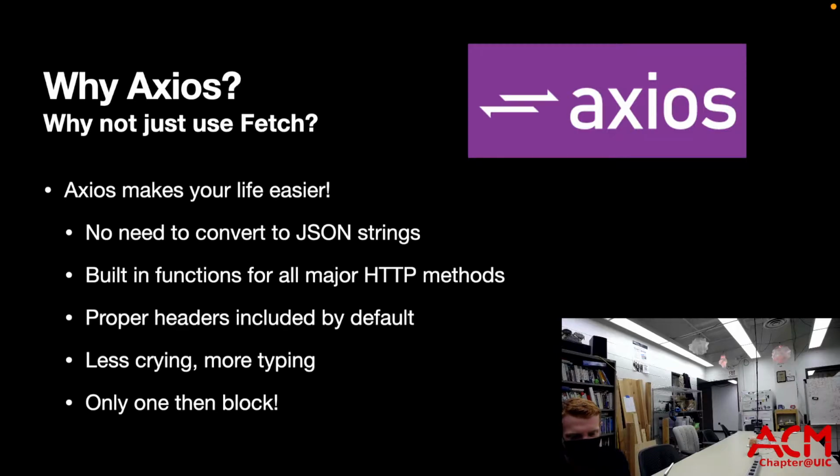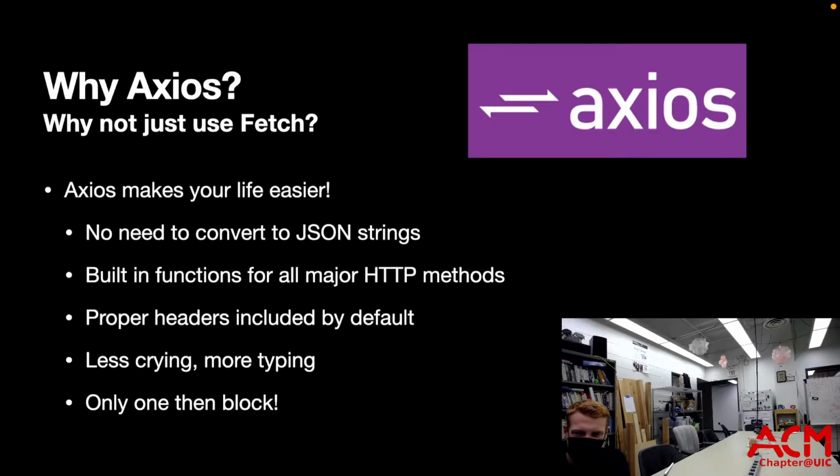If you recall, when we had our original project, we had to deal with some very annoying things like having multiple promises chained together. One to actually get the request, and then one for converting it to JSON, which is really weird.